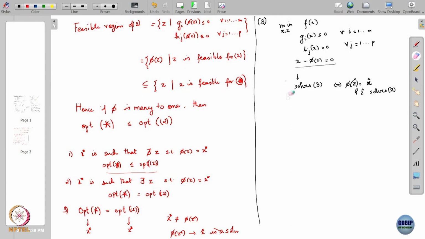If x hat comma z hat solves 3, then you must have that x hat is equal to phi of z hat, because of the constraint, and z hat solves 2, and this is equivalent.